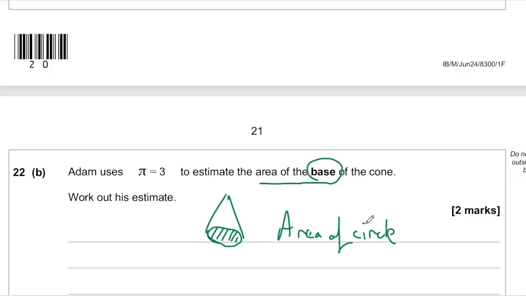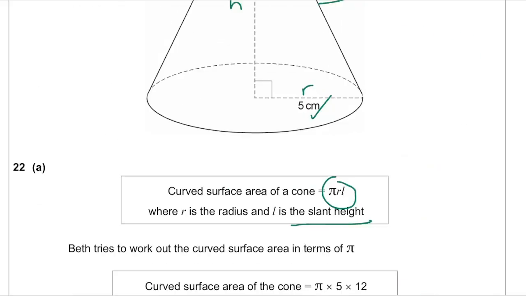This will be on your help sheet, on the insert that you get given. So have a look on there, because it's going to be pi times radius squared. They tell me that they're going to use pi as 3, and we know the radius from the question before is 5.